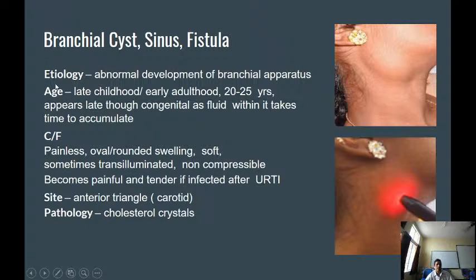Now, usually the branchial cysts are the congenital variety, and these are a result of abnormal development of the branchial apparatus, which usually arise from the branchial arches: the second arch, third, fourth, fifth arches.